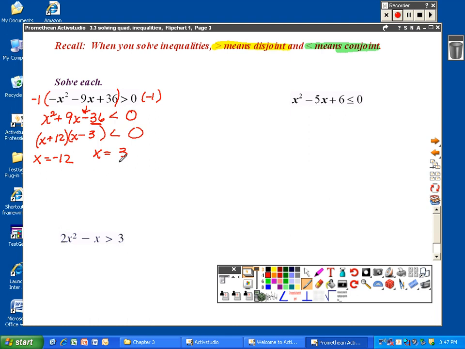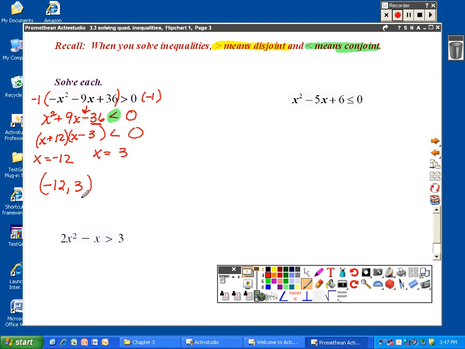And if you want to use this idea, less than is conjoint. So this would be from -12 to 3. And it was no equal bar, so it would be no brace, parentheses.